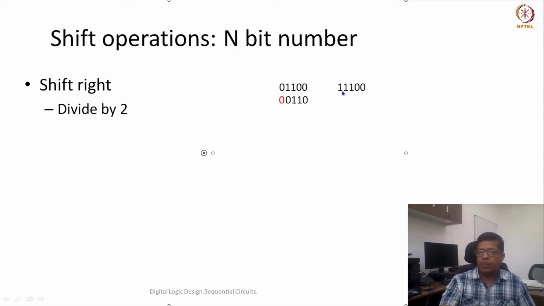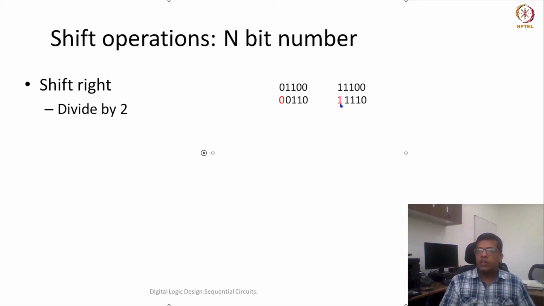Now I am shifting. After shifting, it will become 1 1 1 0. Now further, there is a question: what should be kept here in the empty place? Whatever was on the right, that we have discarded, but in the most significant place there is an empty space, whether there should be 0 or whether there should be a 1.